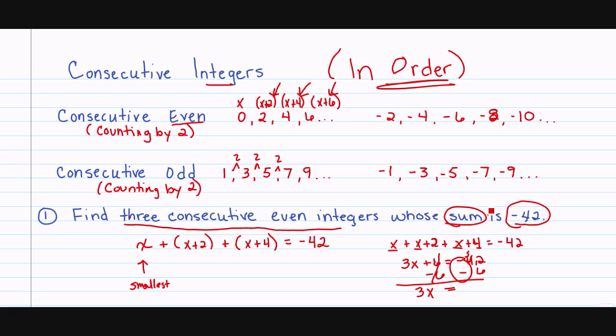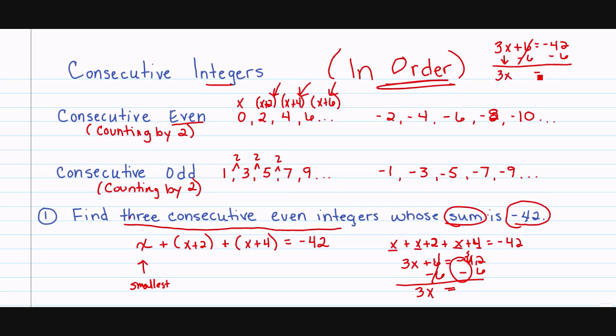Let's go up here. 3x plus 6 equals negative 42. I subtract 6, bring down my 3x.